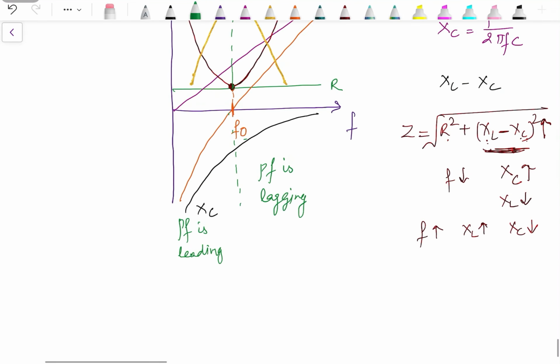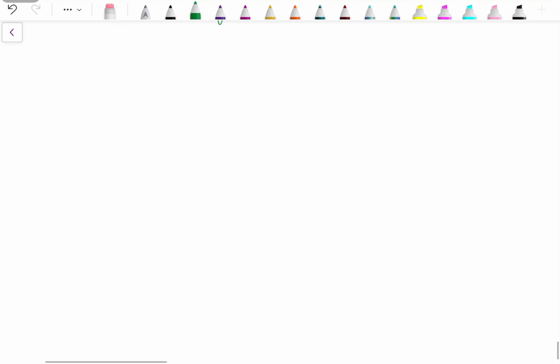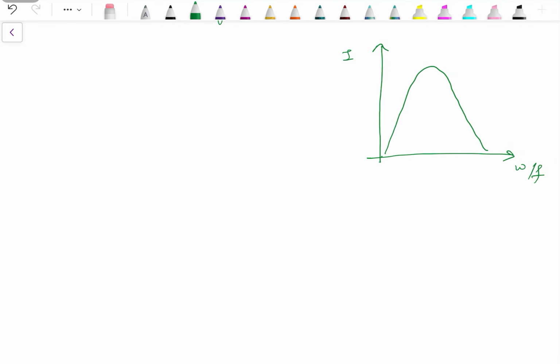Now let's plot the variation of current only with frequency. Now it can be frequency f or angular frequency. The current varies like this. This one is the maximum value I naught, which is V upon R, corresponding to frequency omega naught or f naught.